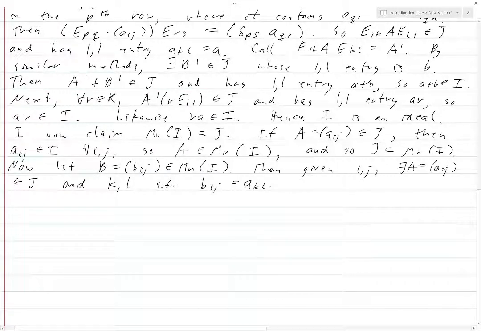And why is that? Okay, so if we're in M and I, then each Bij is an element of I. And so we can find some matrix in J who has that as its element.